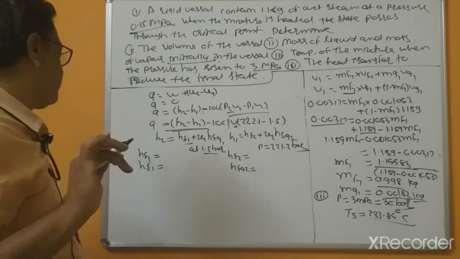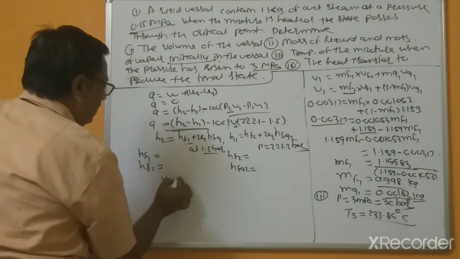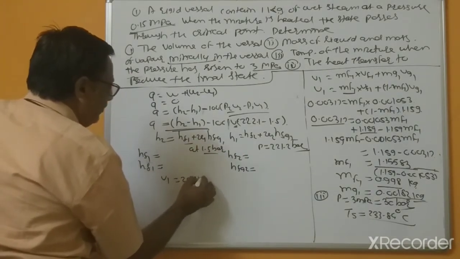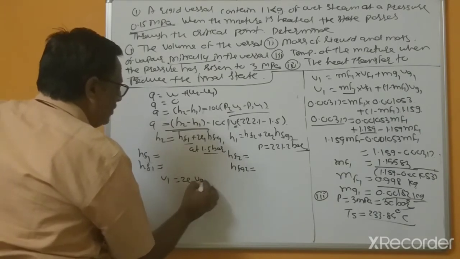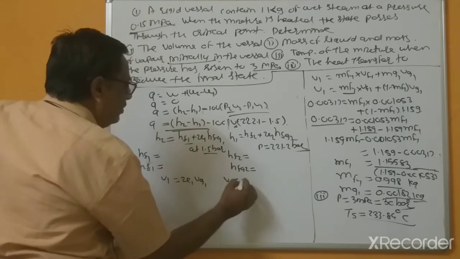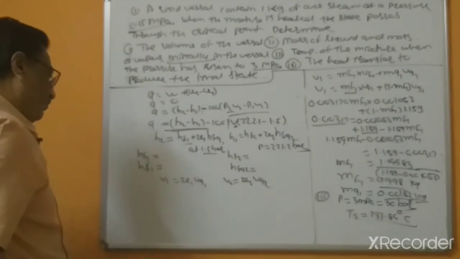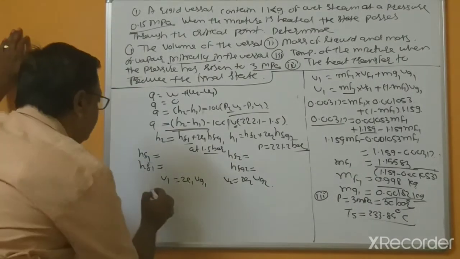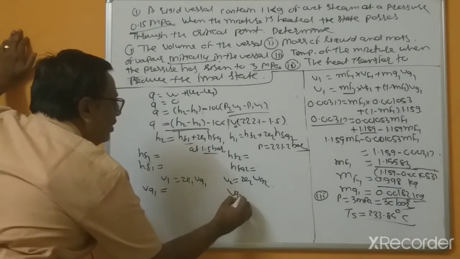And we require, oh sorry, this is also we require, because V1 equal to x1s into Vg1s, and V2 equal to x2 into Vg2. So that's why we require Vg1s and Vg2 also.